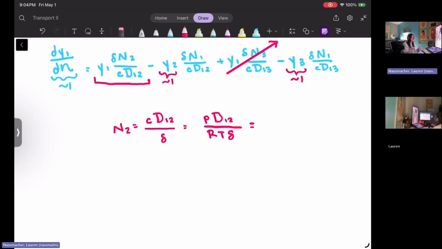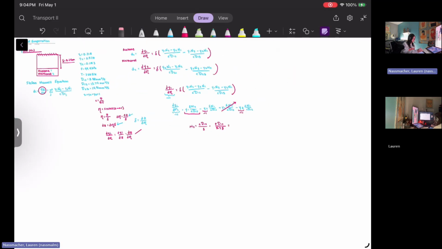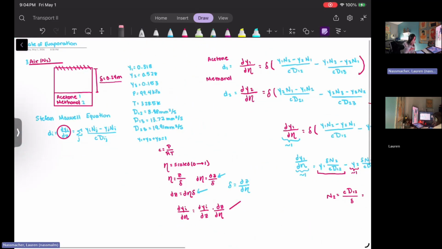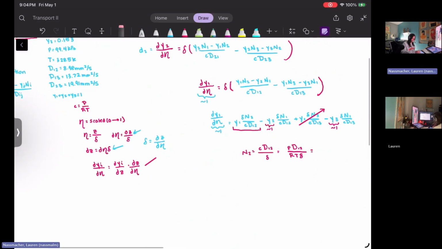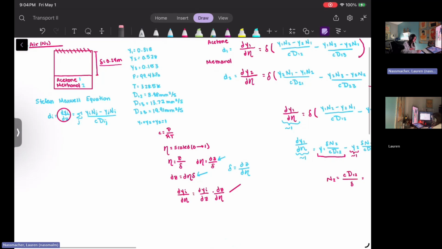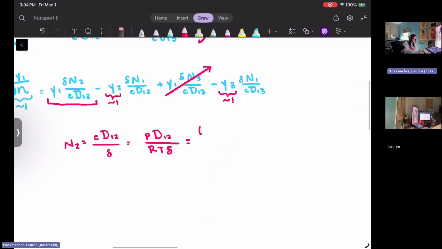And we're going to make some extreme rounding decisions. Why? Because we're engineers. That's what we do, right? So we have our pressure, and our pressure is 99.4 kilopascals. Why would you do that when you could just do 100 kilopascals?